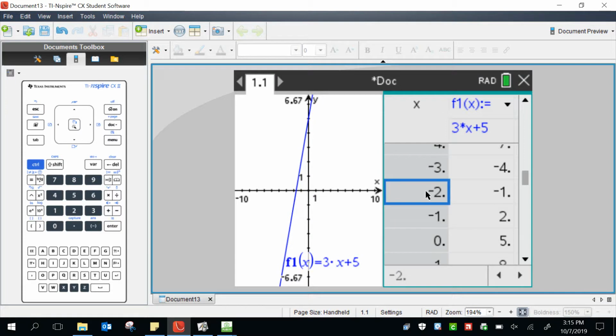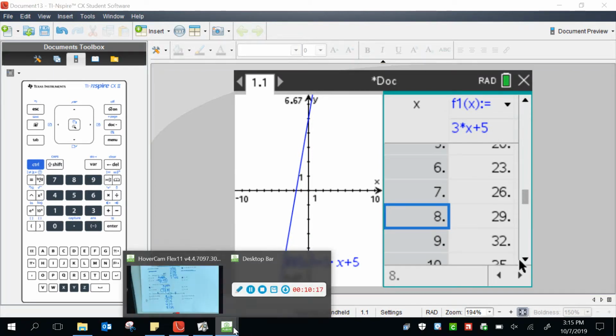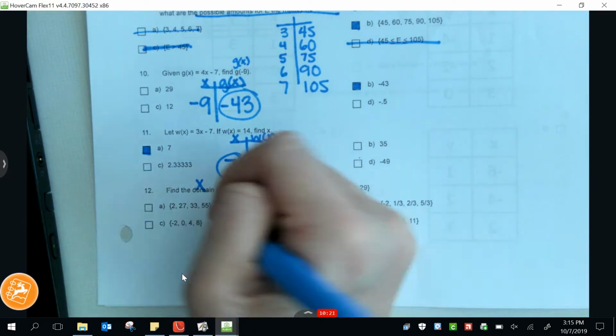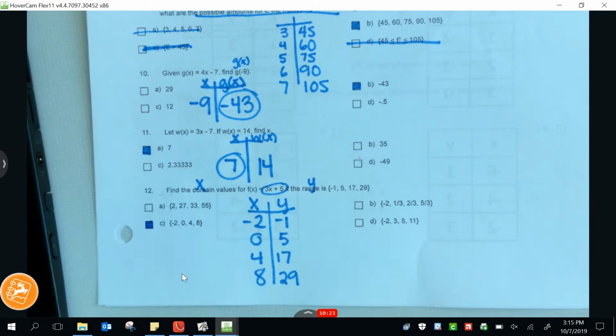I'm going to plug that into my table. When y is 5, x is 0. 17 would be 4, and 29 would be 8. So once you have that, there's your domain values, which matches C. Easy peasy.